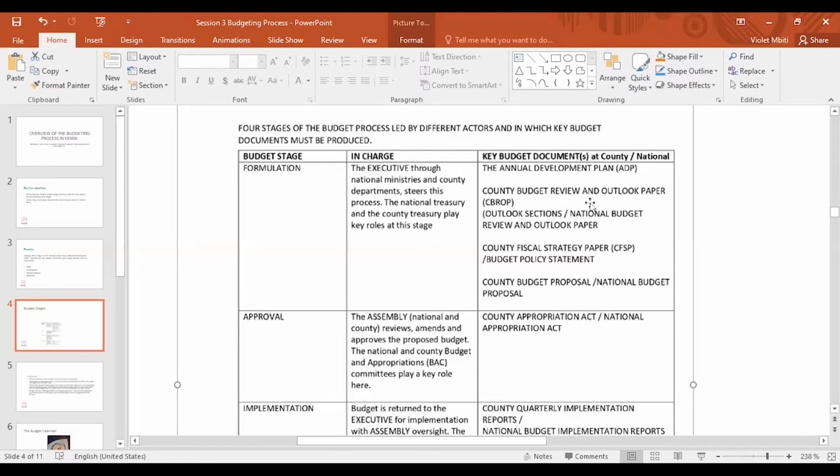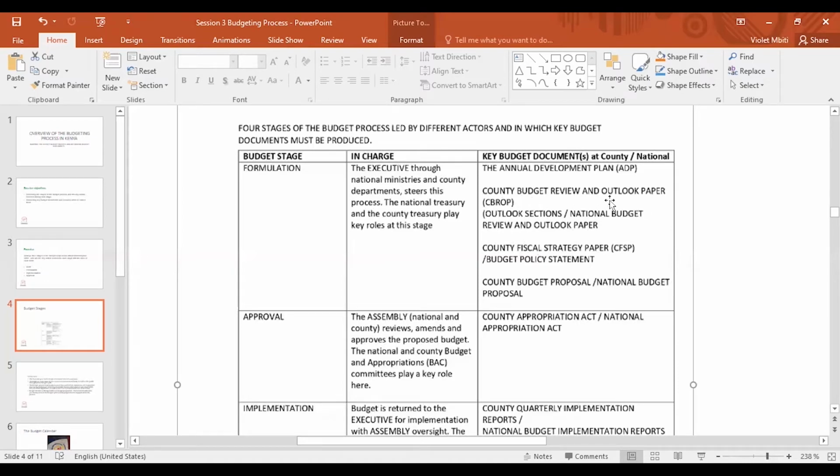The county budget review and outlook paper looks back to see what has been done by the county previously. And outlook means the provisional ceilings, what ceilings they have set for the next financial year. So in the formulation stage, we are looking at the outlook section of the county budget review and outlook paper.